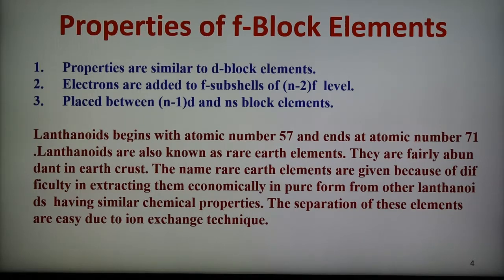That is why their position is in the transition elements, but there is no space, and therefore they are shown separately at the bottom of the periodic table.